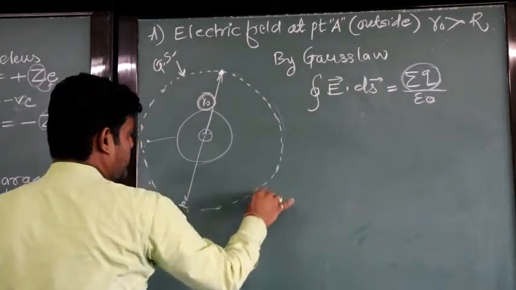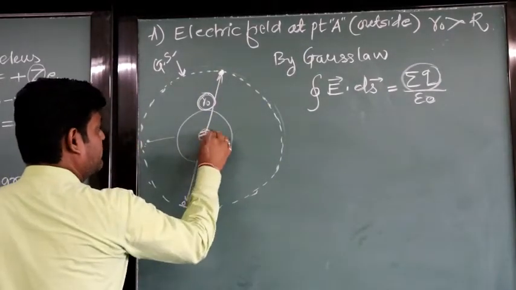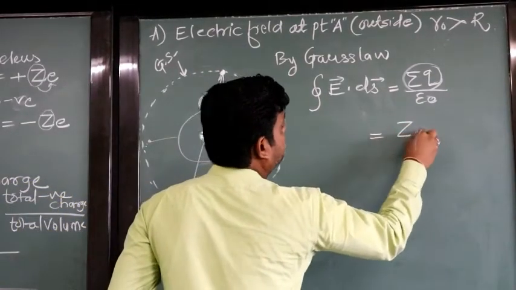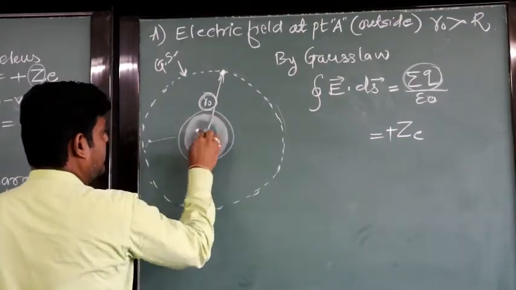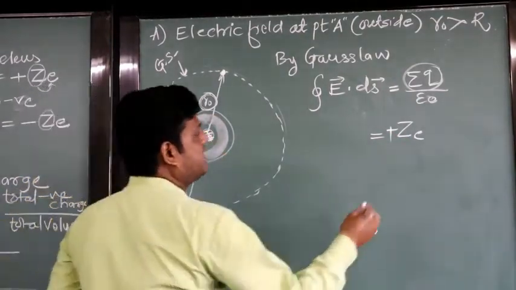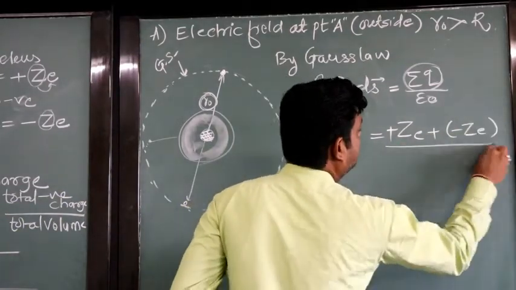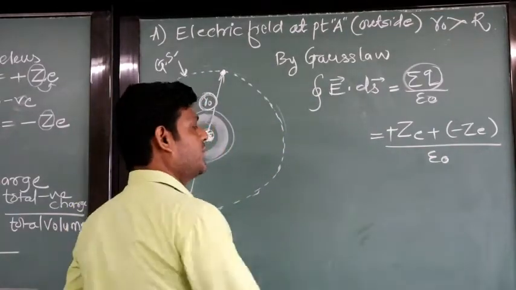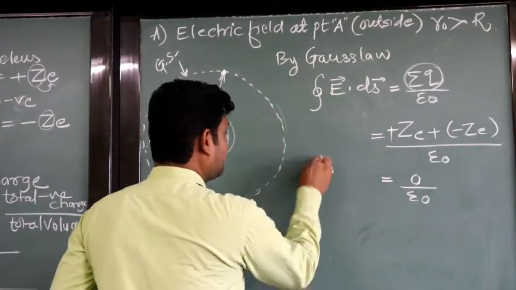See, this is the Gaussian surface. How many charges are enclosed by it? The charges present on the nucleus, that is plus Ze, and the charges present around the nucleus, that is minus Ze, divided by epsilon 0. Plus Ze minus Ze becomes 0. So here we can write 0 divided by epsilon 0, right?